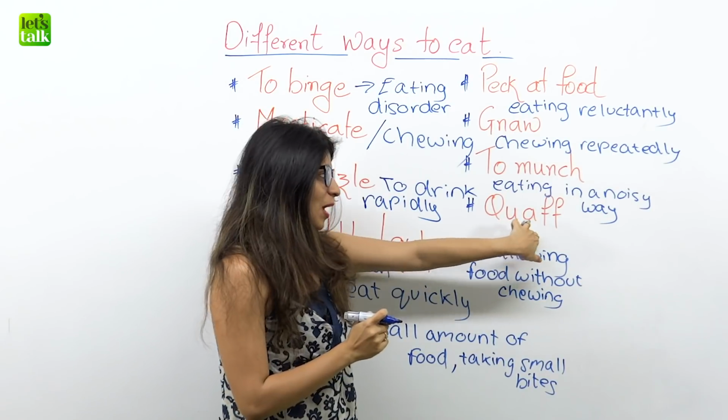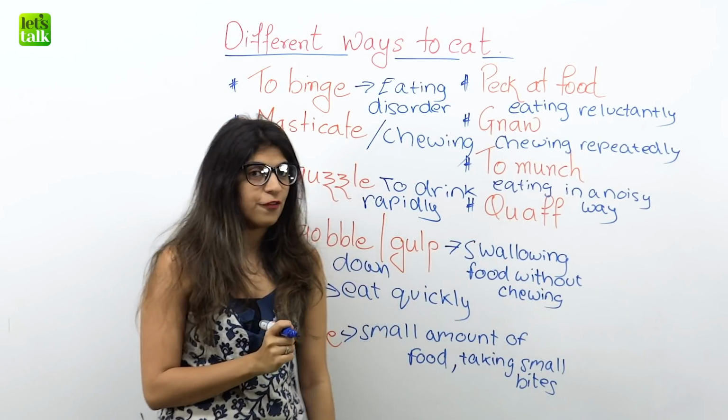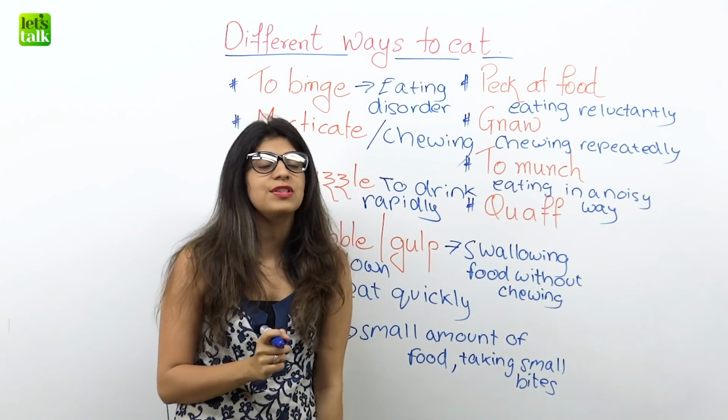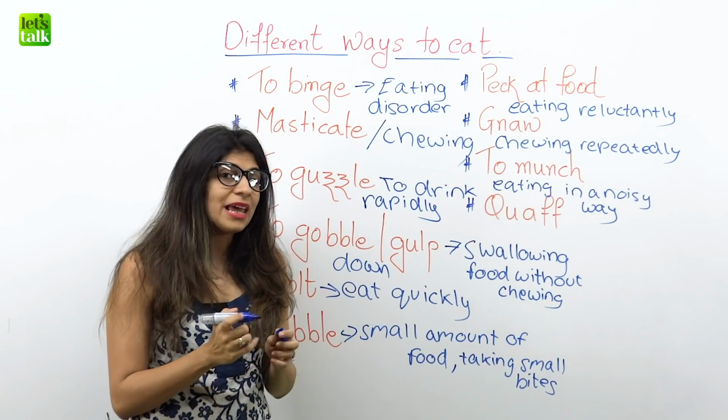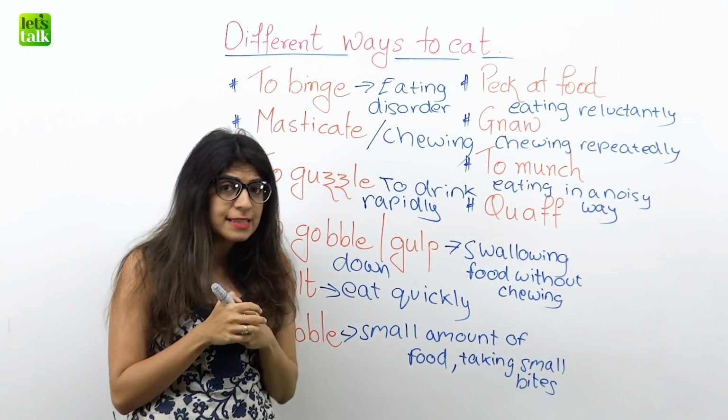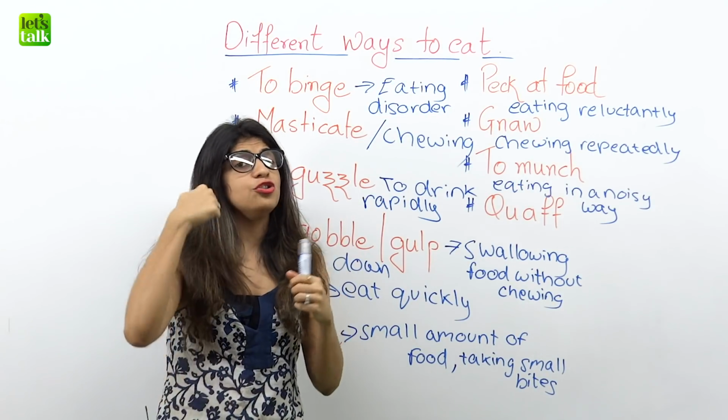And then the last one that I have for you is quaff. Well, that's how it should be pronounced, as quaff. And what does it mean? Well, it means to drink something with large draughts.